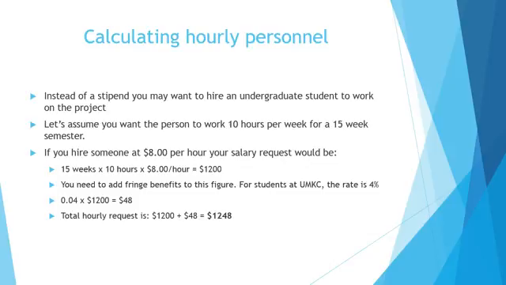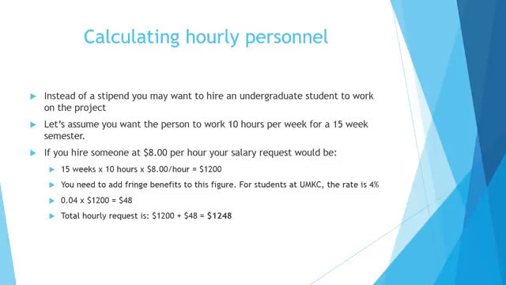If you decide to hire someone at $8 per hour, your salary request would be as follows: 15 weeks times 10 hours per week times $8 an hour, which would be $1,200 you would need for that 1 semester. If you want 2 semesters, you would double that number. However, you need to add something called fringe benefits to this figure.